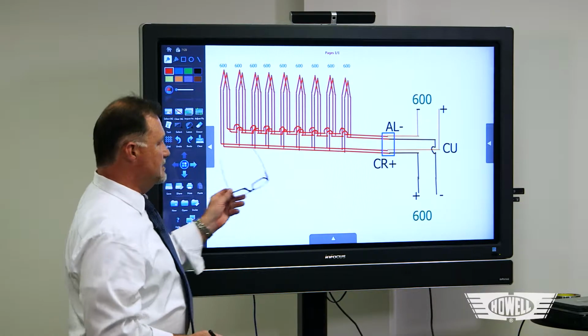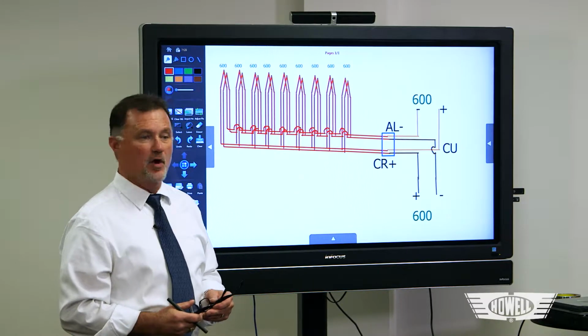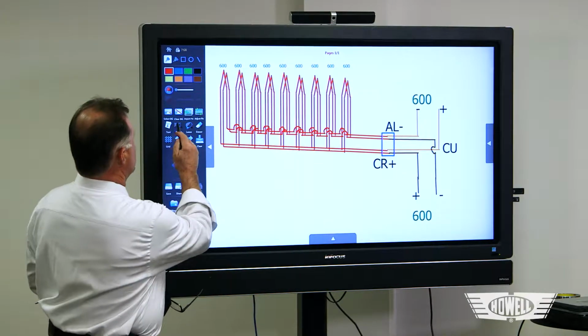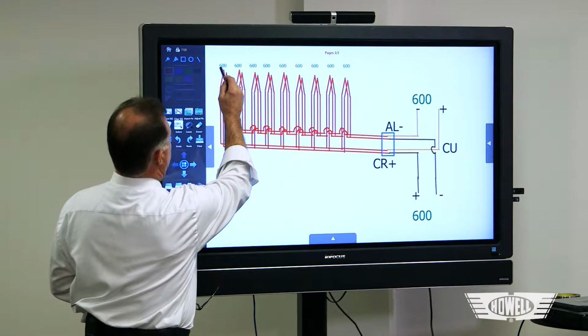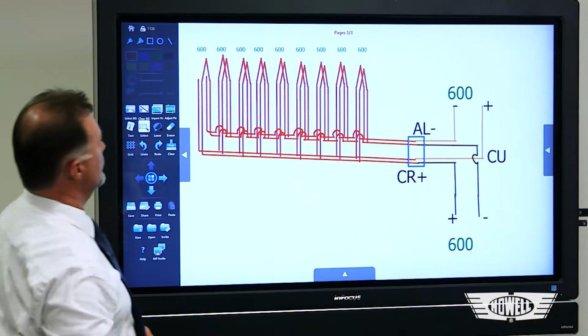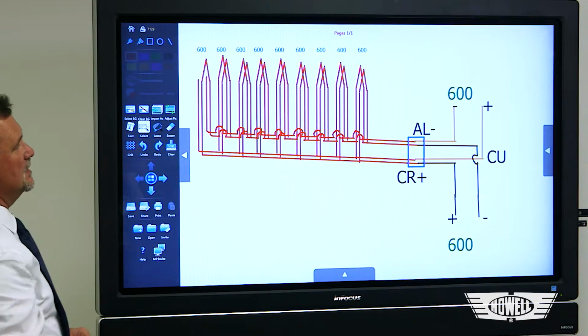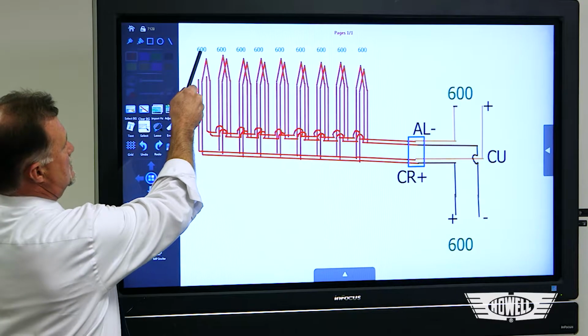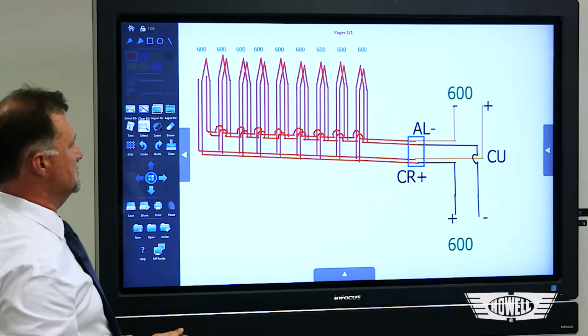Now imagine if in this thermocouple circuit I have an open. So let me go ahead and simulate an open on this particular thermocouple right here. So now you can see I've got open leads here. So mathematically, this 600 degrees has been dropped out of that circuit.